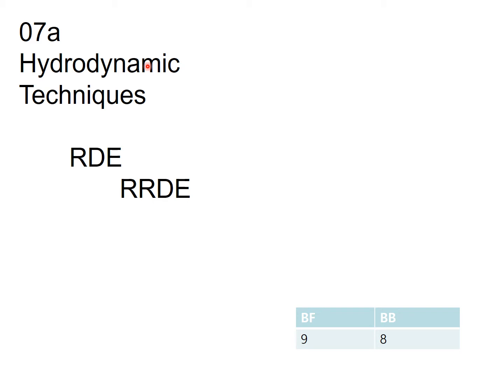For the hydrostatic techniques you have learned up to now, we have used the simple diffusion equations because we didn't have any convection, we didn't have any migration. So the only thing we should consider is the diffusion term, the driving force of which is the concentration gradient.